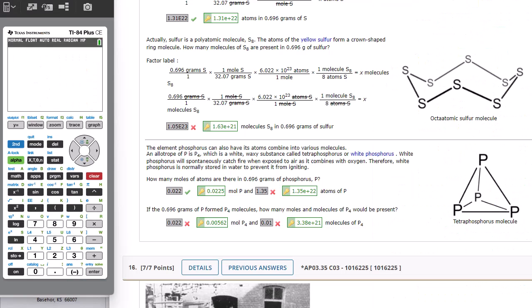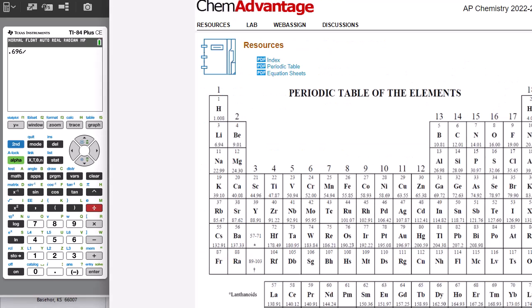Well, we've got a new atomic weight, so let's take our mass, 0.696, and divide it by the molar mass of phosphorus, which right here I see is 30.97 grams per mole. So I'll divide by 30.97.